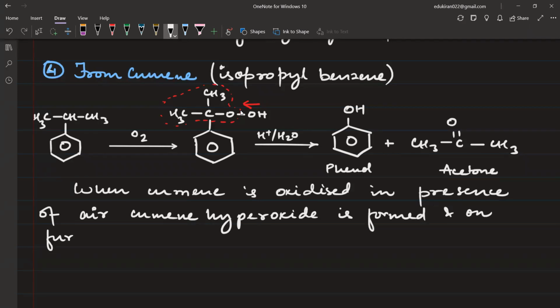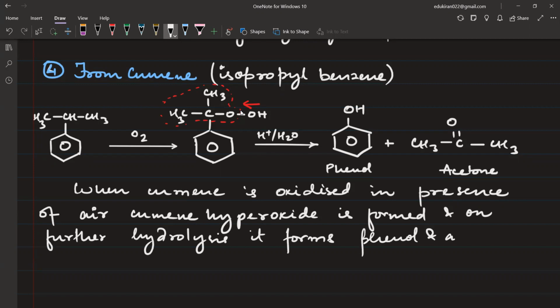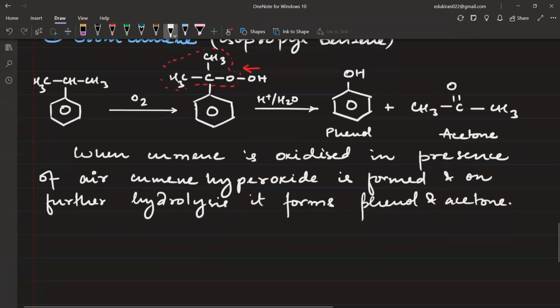And on further hydrolysis, it forms phenol and acetone. So these are the methods of preparation of phenol.